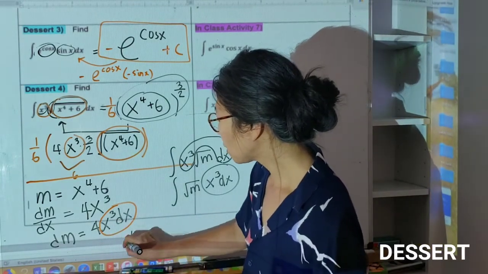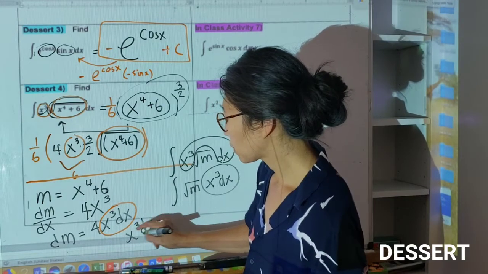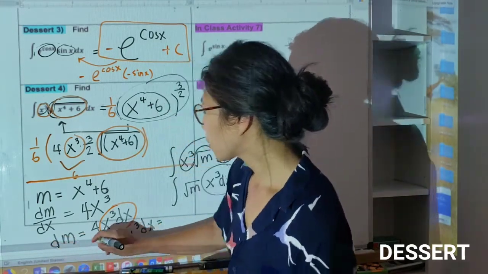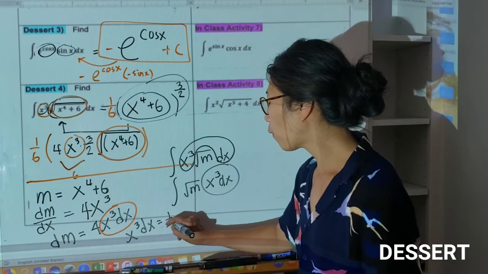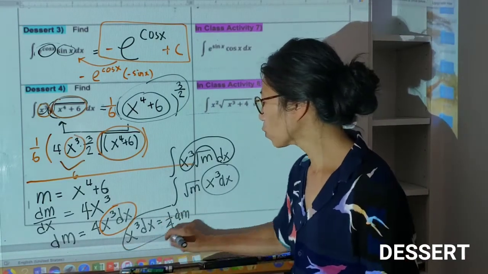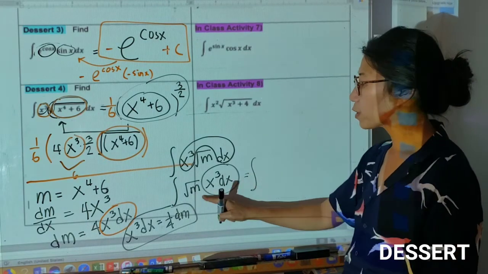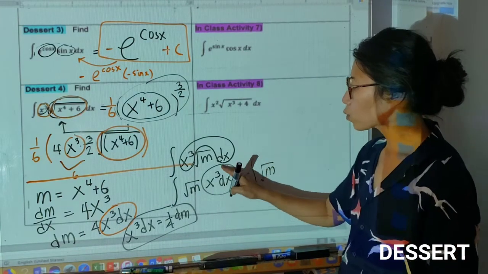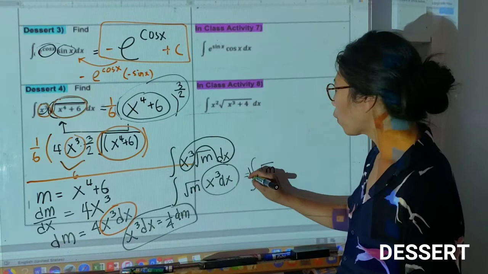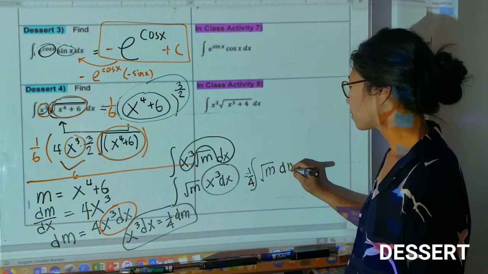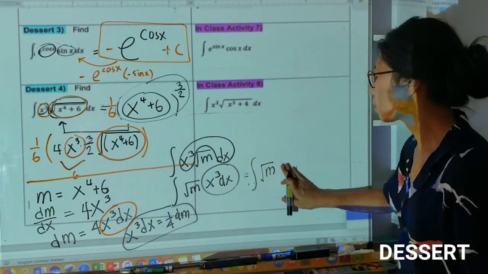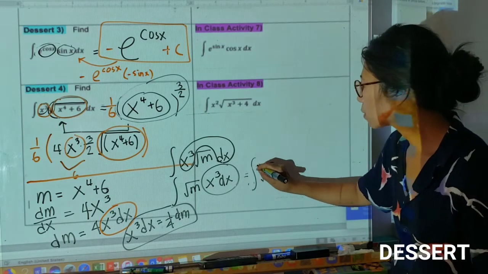X cubed dx is 1 over 4, because you have to divide by 4. 1 over 4 dm. So, can I substitute? Yes, so you are going to change everything in terms of m now. X cubed dx is 1/4 dm. I'll just write this one here so that you don't get confused. 1/4.